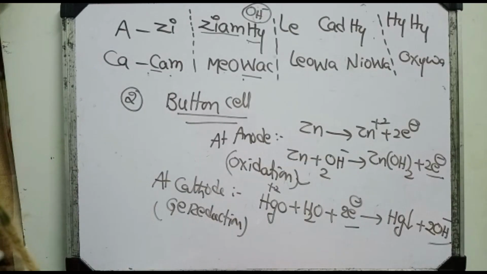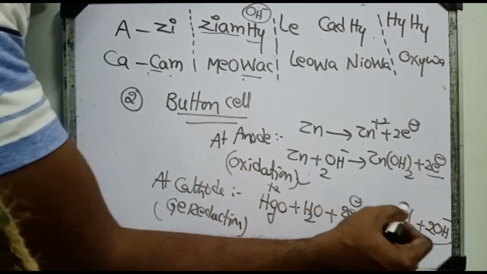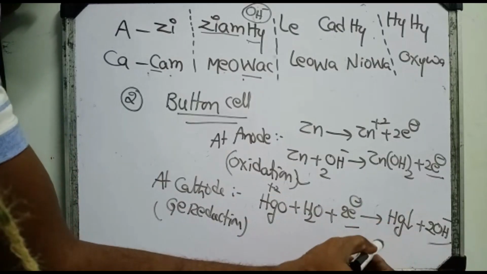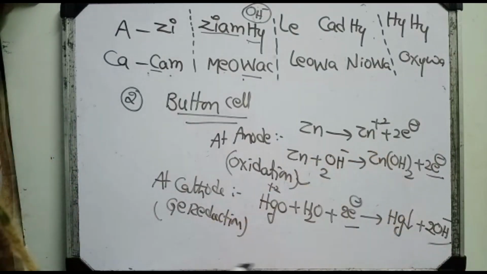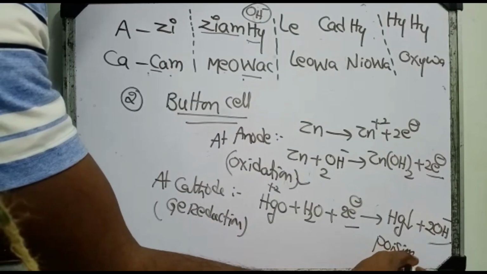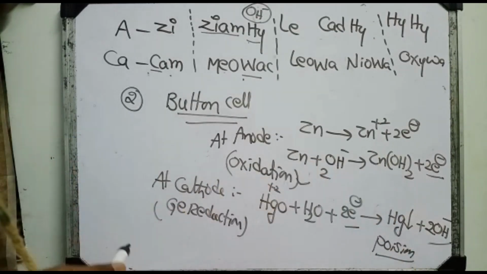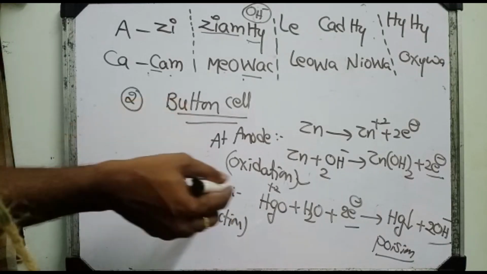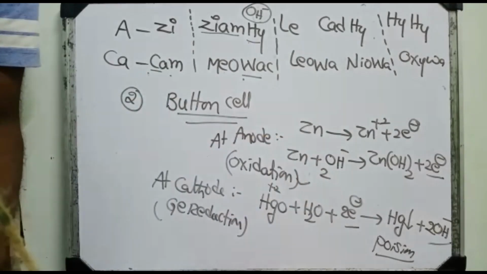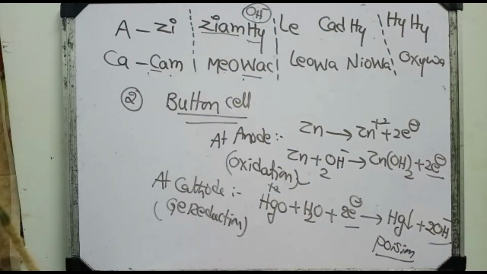The problem in this cell is that mercury comes out as a product. Mercury released into the atmosphere is poisonous. It is a heavy metal, poison to our body. So button cells are dangerous, because mercury is released after decomposition.